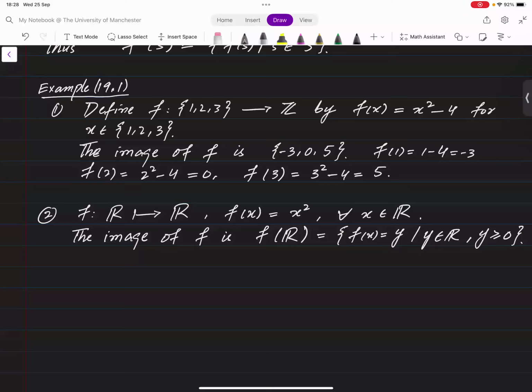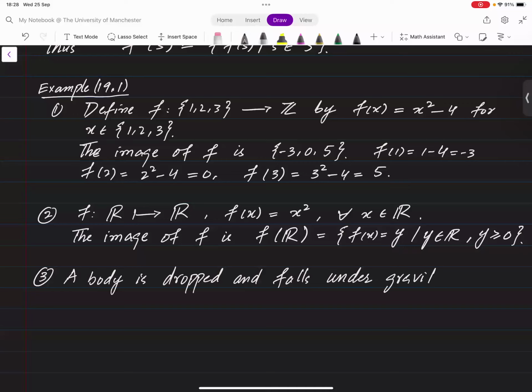Number 3, we say that a body is dropped and falls under gravity for 1 second.